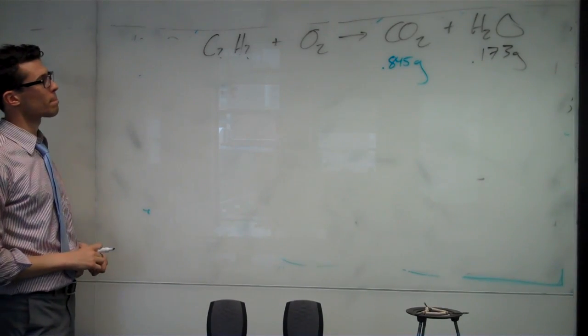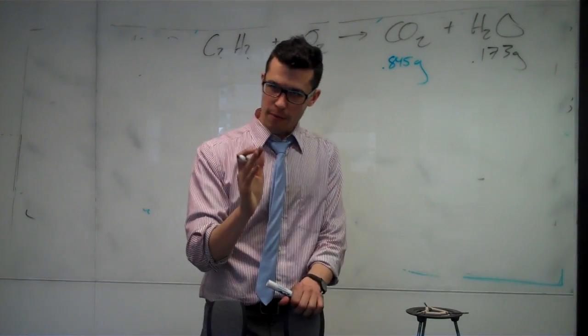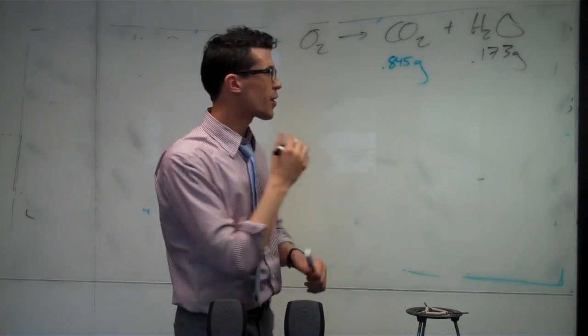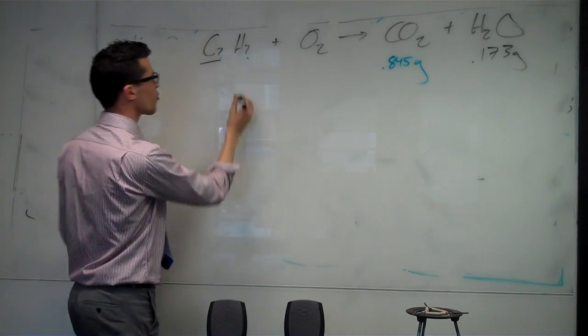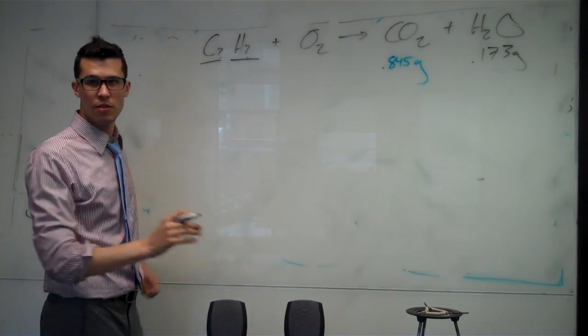Now, the strategy here is to figure out how much C we've got in grams, and then find out how much H we've got in grams.